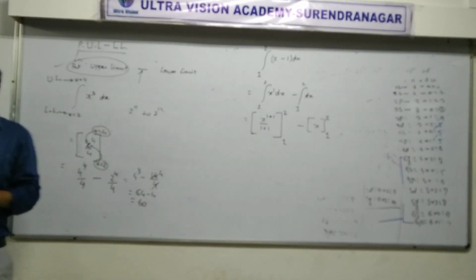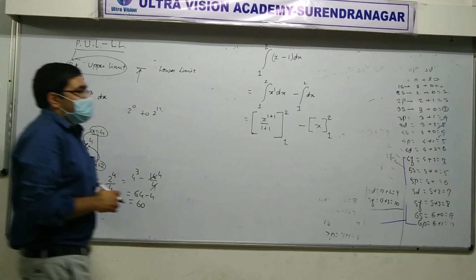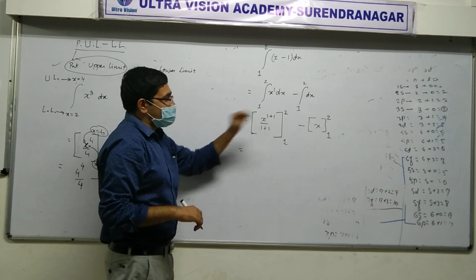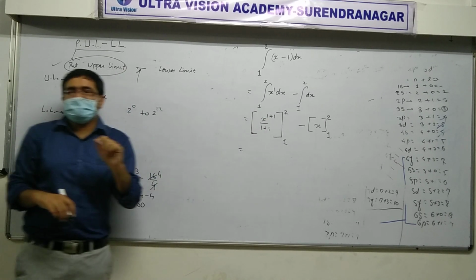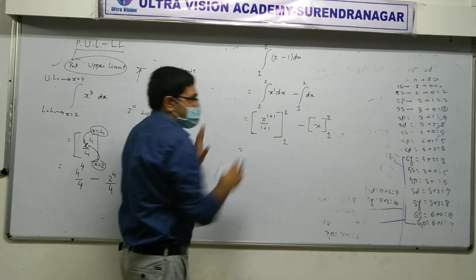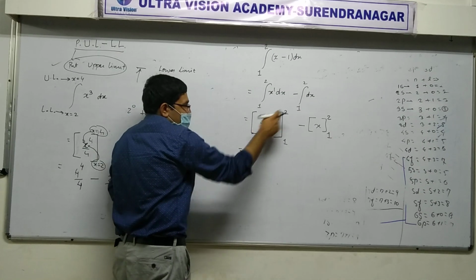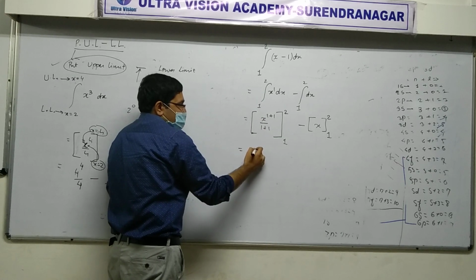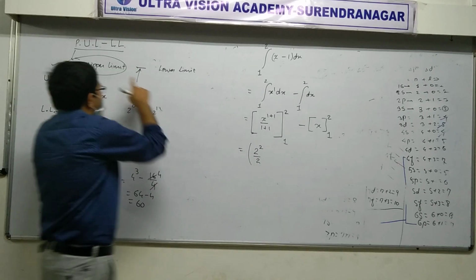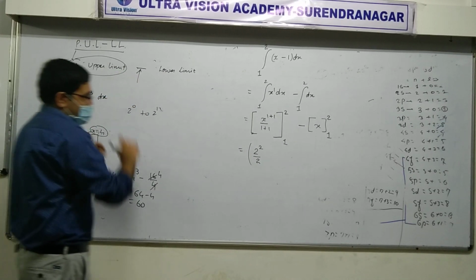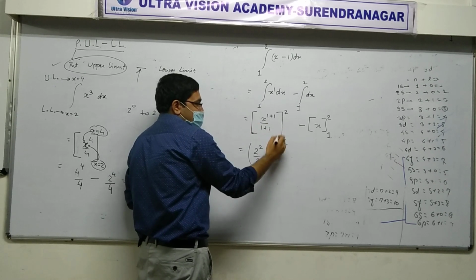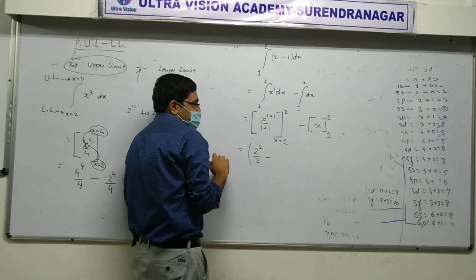So this is x square. First of all, which limit to put, upper or lower? Upper. See, every term is individual. So what should I do here? 2 raised to 2 upon 2. This is putting the upper limit only. Correct or not? Now we put a minus sign and then we'll put the lower limit where x is placed. So what should I have?